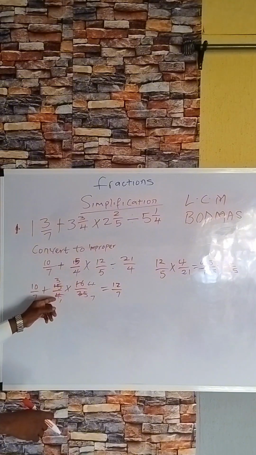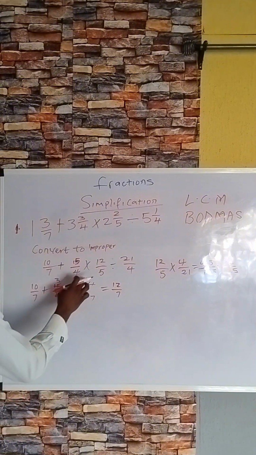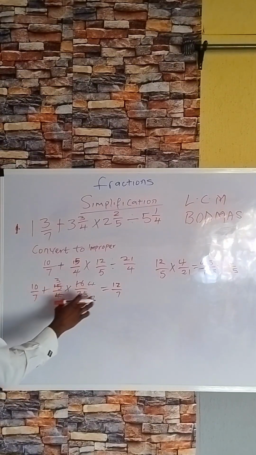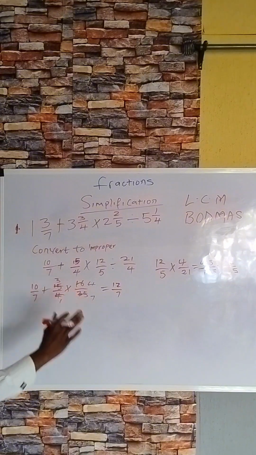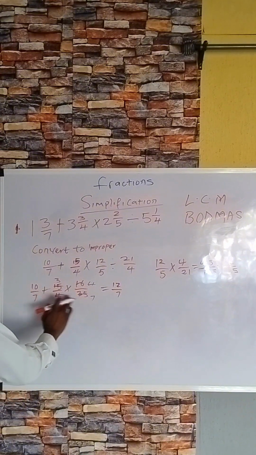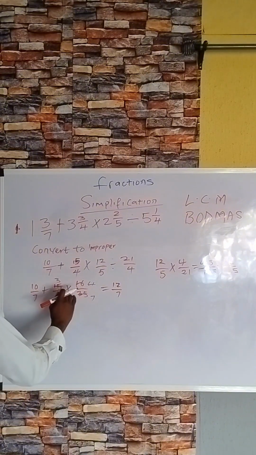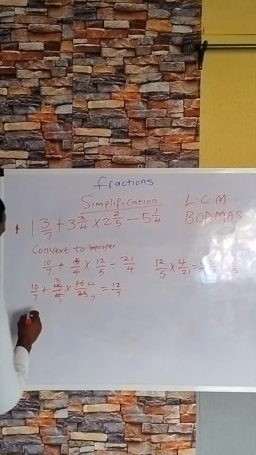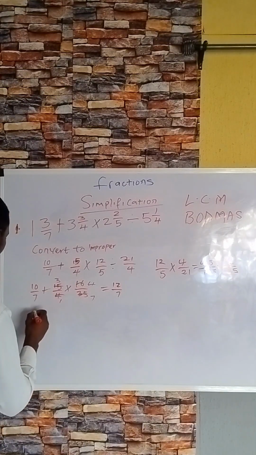You divide up, down. Anyone at the bottom can divide anyone at the top. Anyone at the top can divide anyone at the bottom. If two numbers at the bottom are divisible, you don't divide them. They are not going to divide. So the ones at the bottom will only divide the ones at the top. So take note of that. Let's continue with the process.